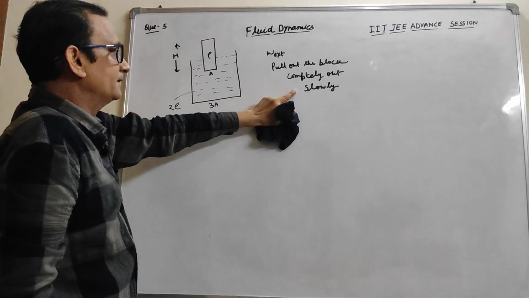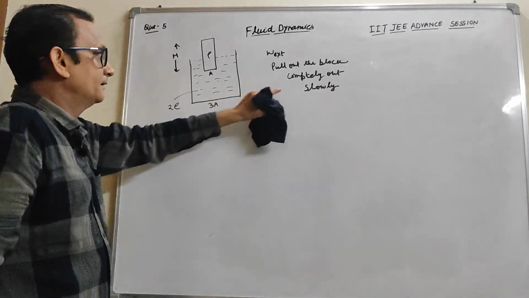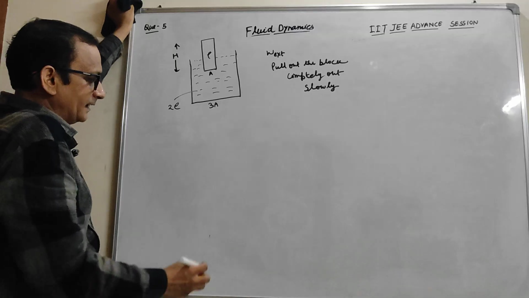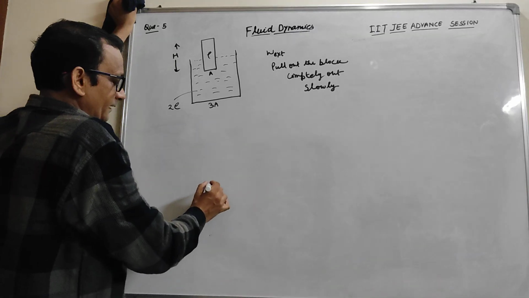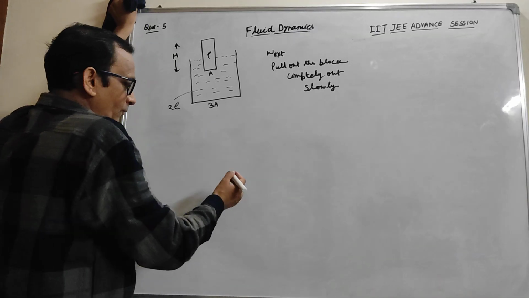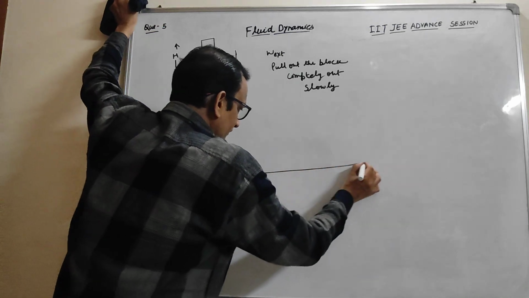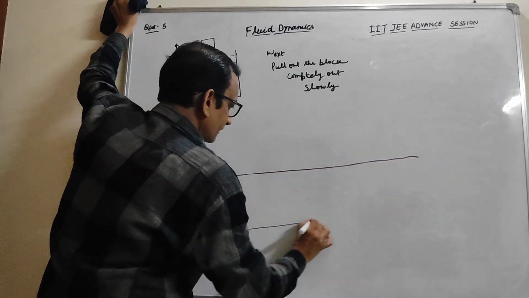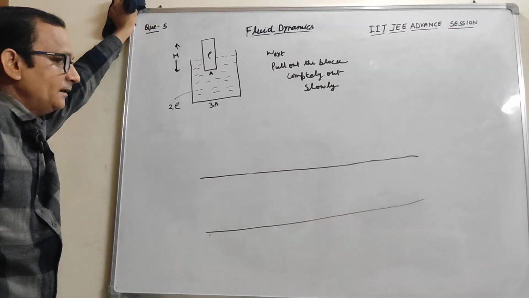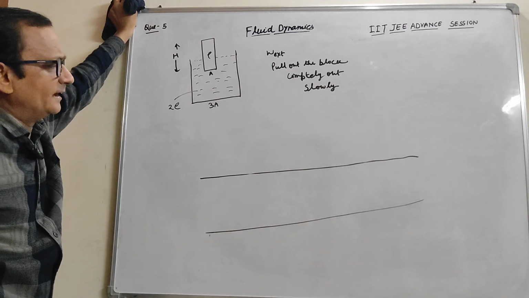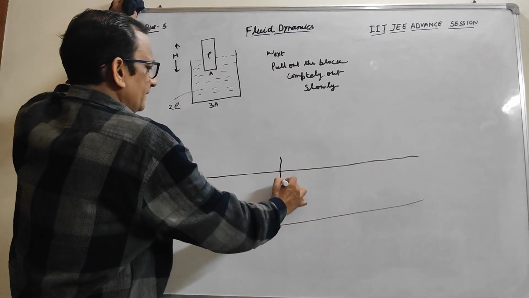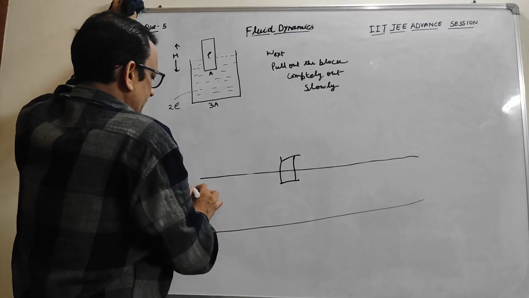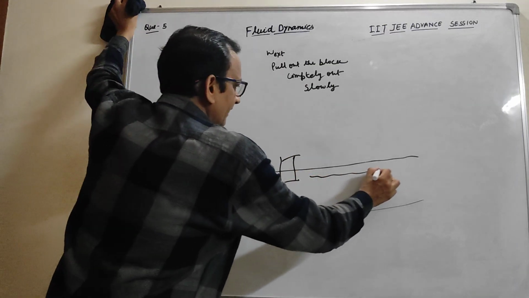Slowly means there is no change in kinetic energy. Here we have to explain one more phenomenon. Suppose this is a reservoir. Compared to the block, the length of the reservoir or river is very vast.